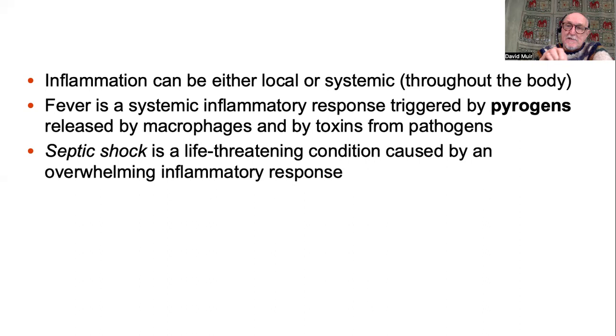Instead of being localized to a little patch where it was, now the responses begin to be generated throughout the body. One of the things that starts to happen is that substances released especially by the macrophages, but also directly by pathogens, act as pyrogens. That is, they begin to increase the temperature.